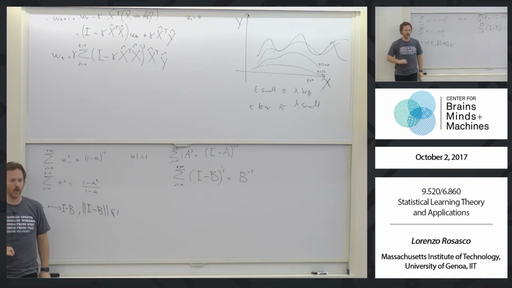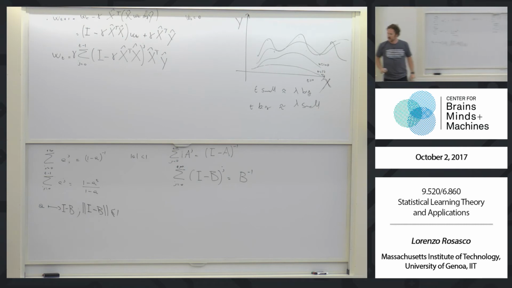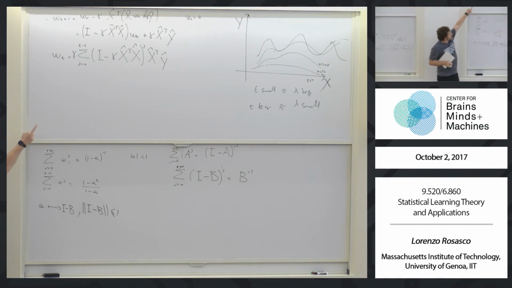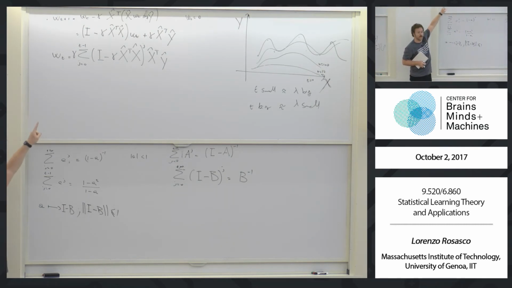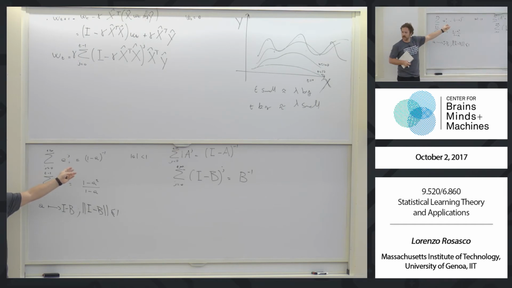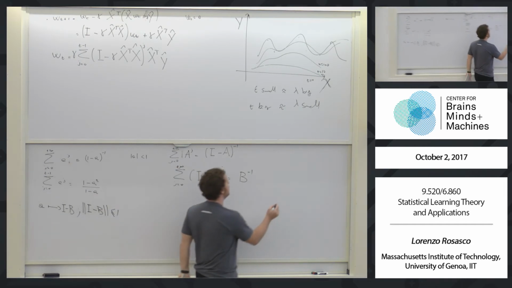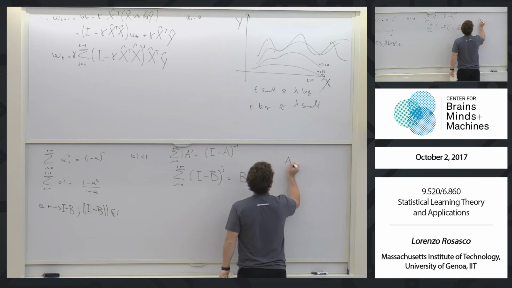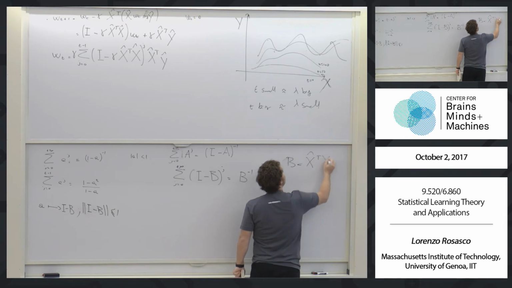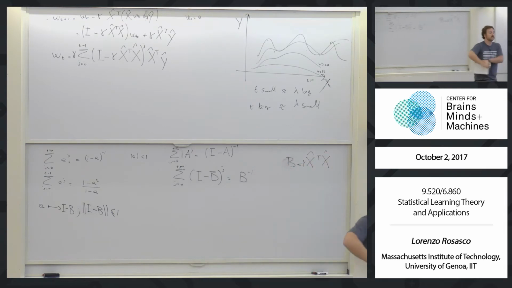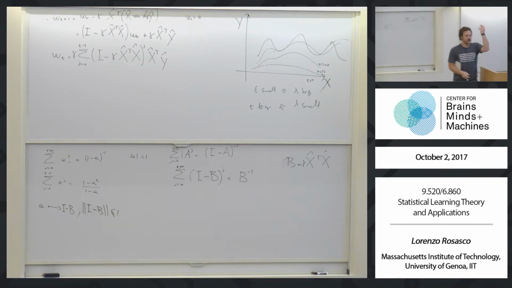For now I'm taking the full expansion. We start to get the feeling that what we're doing is taking a power expansion of an inverse. For our specific case, B, or if you want A, is going to be x hat transpose x hat times gamma, I guess. I shoved the gamma in somehow. I'm going to be sloppy about that.